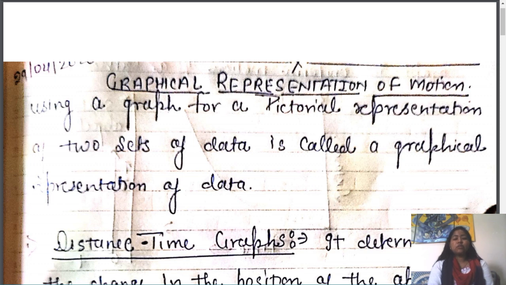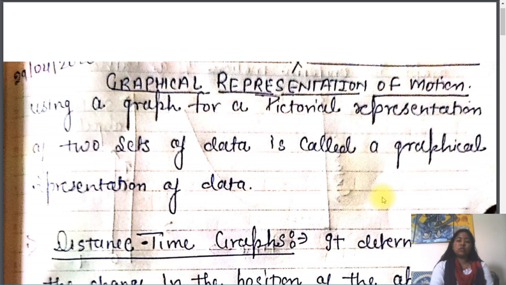The next case is related to the retardation of the object. That means the negative acceleration of the object. Whenever we are talking about retardation, or decrease, or negative acceleration, that is the situation where the initial velocity is greater than the final velocity.